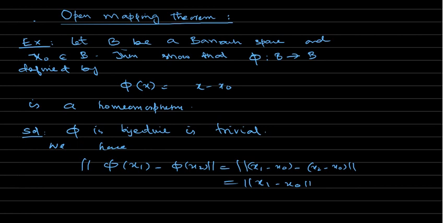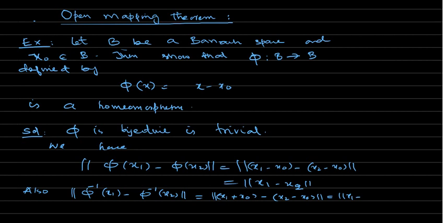Also for phi inverse, phi inverse of x1 minus phi inverse of x2 is the norm of x1 plus x0 minus (x2 plus x0), the inverse map being a plus here, and that is equal to the norm of x1 minus x2.